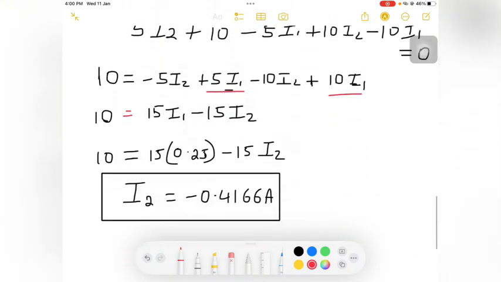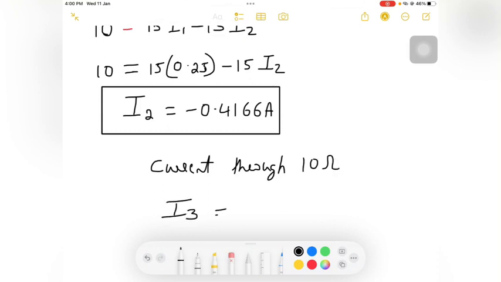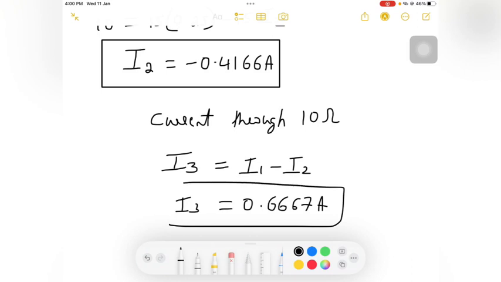So if you want to determine the current through the 10 ohm resistor, that will be I3, which is I1 minus I2. We got I1 and I2. If you substitute those values, you will get the answer as 0.667 amps. So this is the current through the 10 ohm resistor.